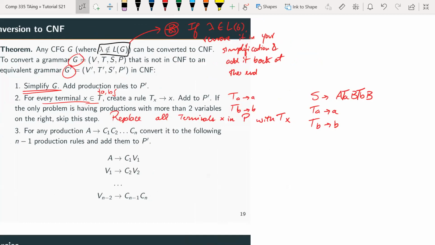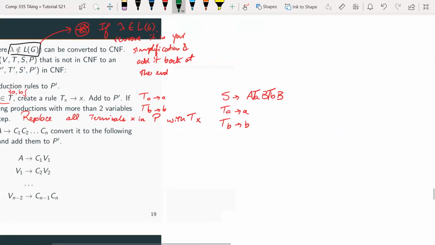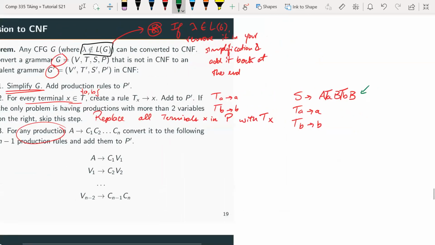And then the last step is for all of your productions that look like, so by this step, because you've done this exercise, all of your productions either look like A gives you a terminal, or A gives you a bunch of variables, so let's say n variables.